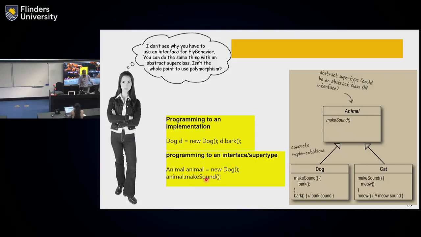We want to maintain the software. We want to make minimum changes to our code which we have done. One good practice is programming to an interface or super type. In this case, we have defined a variable of Animal data type, and we can assign any animal that is derived from this Animal class.